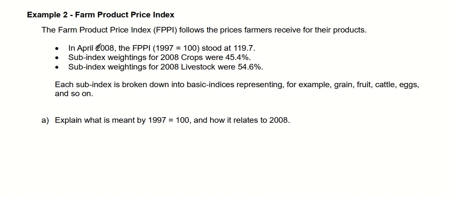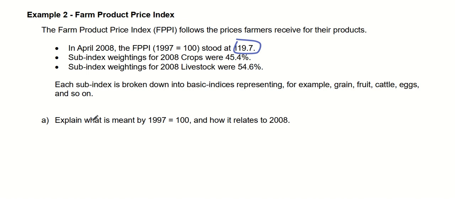For 2008, it's this value, but 1997 was 100, so they use that as a base. The sub-index weighting for 2008 crops was 45.4%. The sub-index weighting for 2008 livestock was 54.6%. If you add those two numbers together, you get 100%. Each sub-index is broken down into basic indices representing, for example, grain, fruit, cattle, and so on.